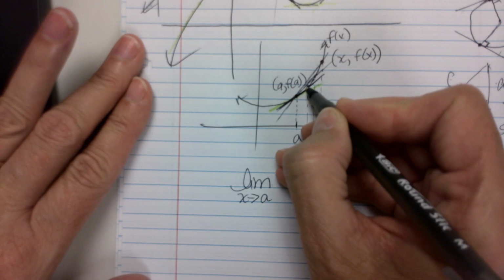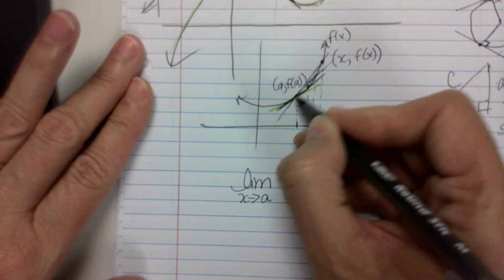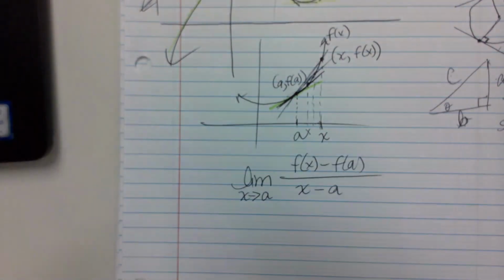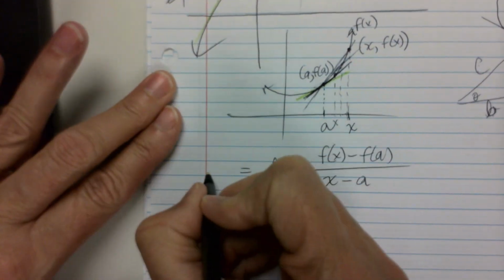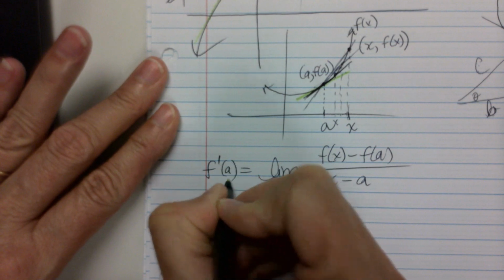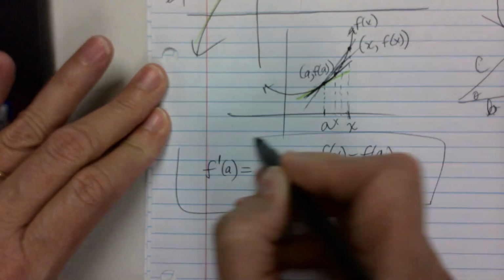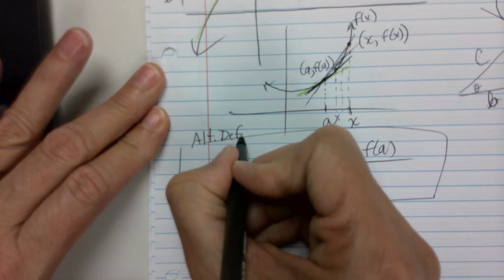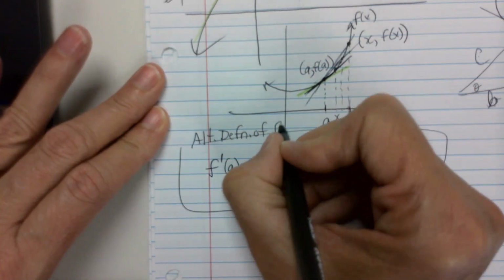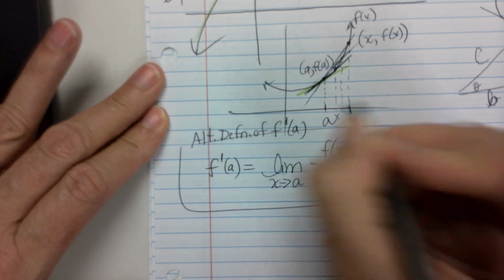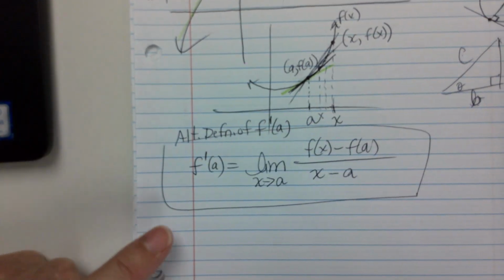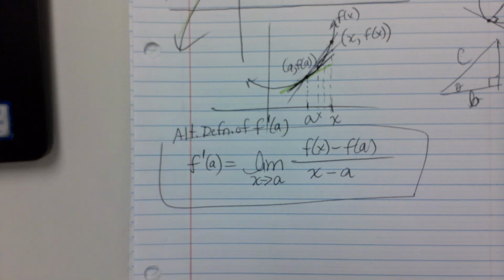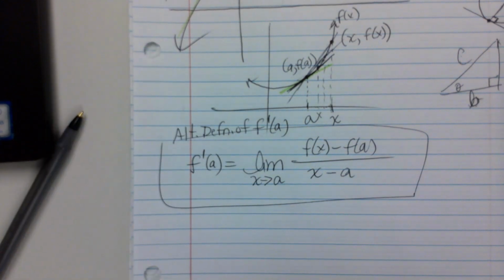If my x gets closer and closer and lines up right on the A, I have the exact slope of the tangent line at A. This is called, from the book, the alternate definition of f prime of A. f prime means the derivative at x equals A. The derivative of f at x equals A.